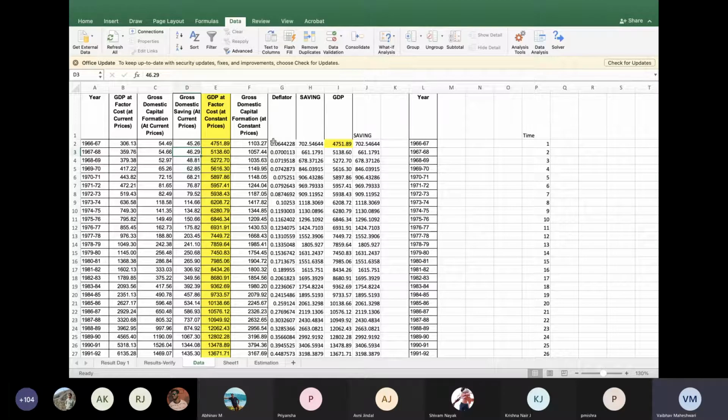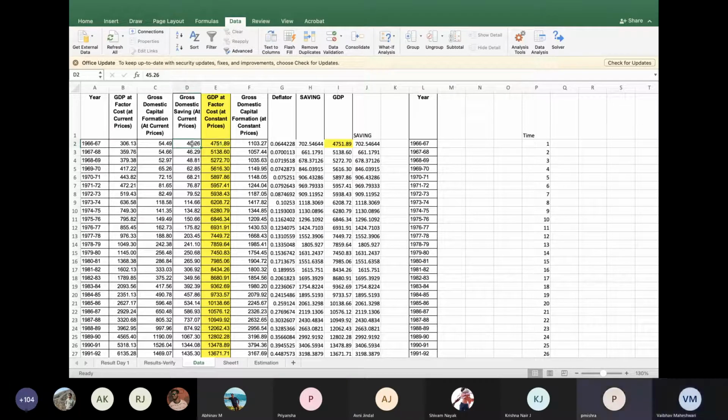Then we found the deflator using GDP at current prices and constant prices. How to get the deflator? Like we divide current price by constant price.